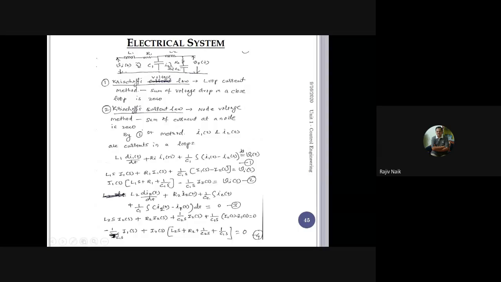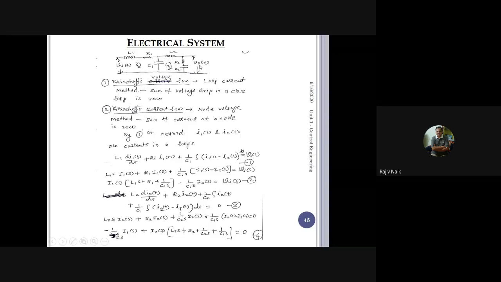We are using two equations: the sum of voltage drops in this loop is equal to 0, and the sum of voltage drops in this loop is equal to 0. Two equations, two unknowns. The two unknowns are I1 and I2. So we are going to find either I1 and I2, or the transfer function with respect to I1 or with respect to I2.